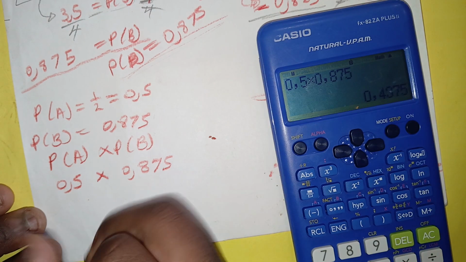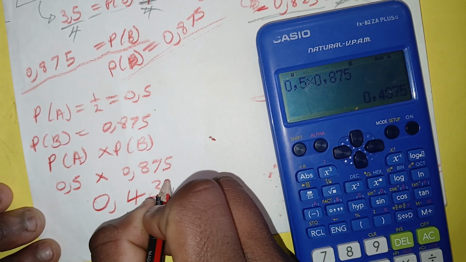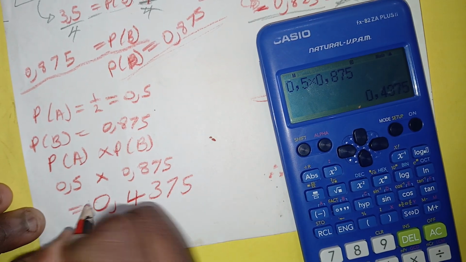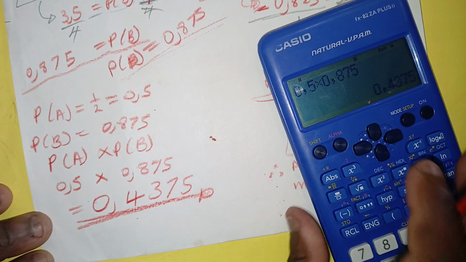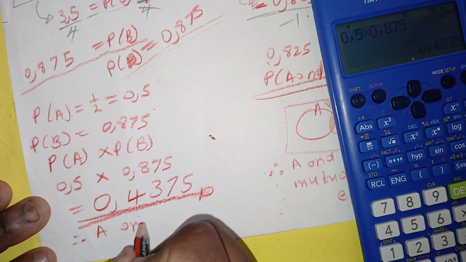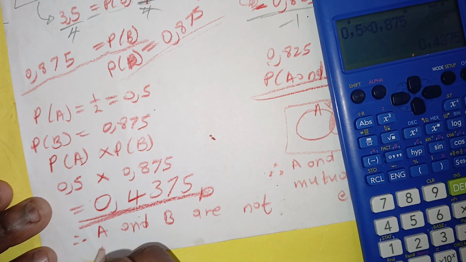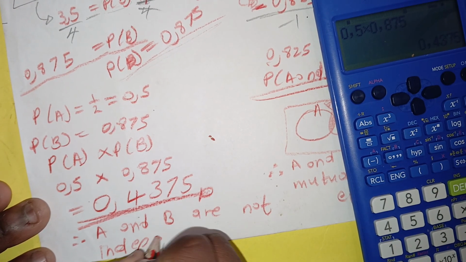It's not equal, guys. It means these two events are not independent. They are dependent events. They depend on each other. So you can say here, therefore, events A and B are not independent.